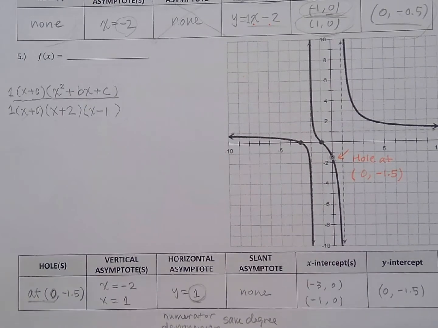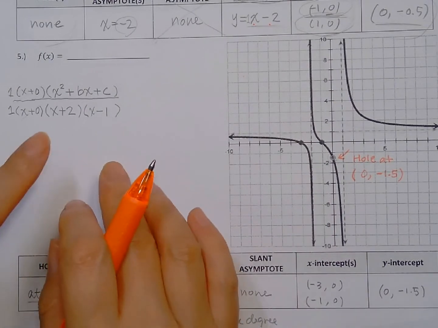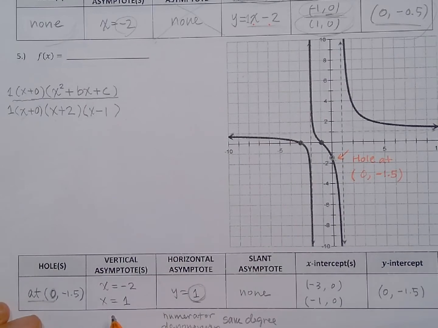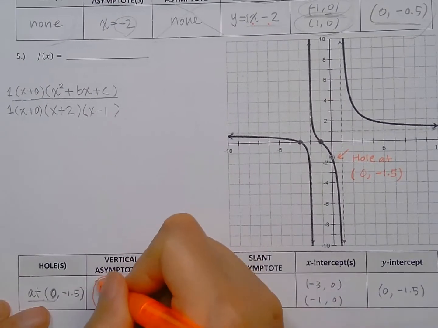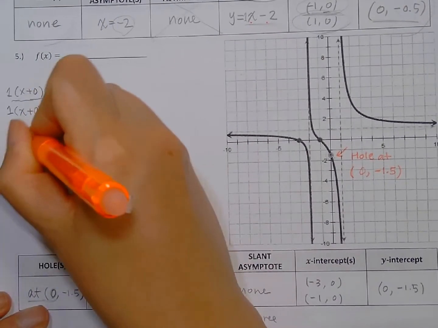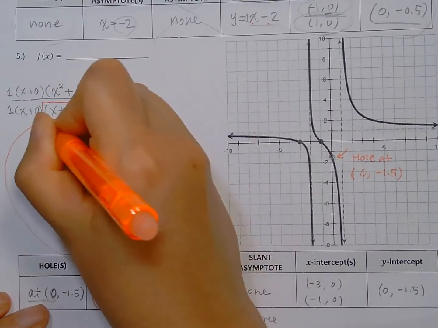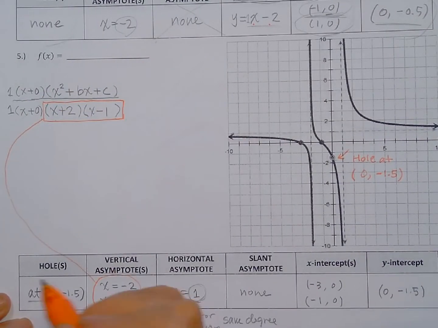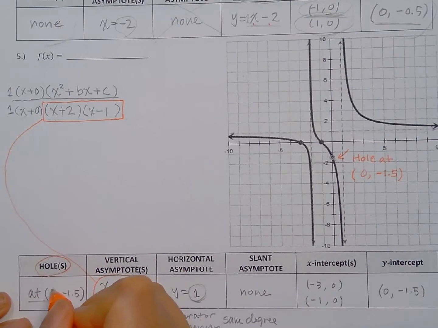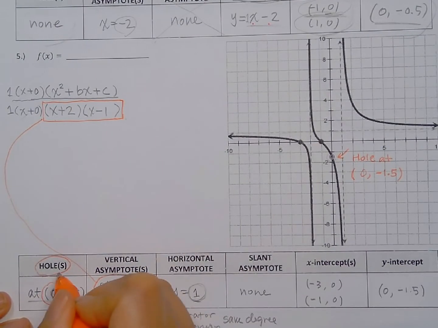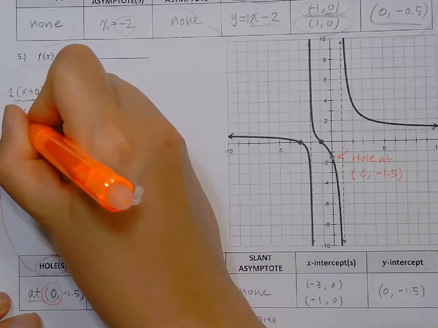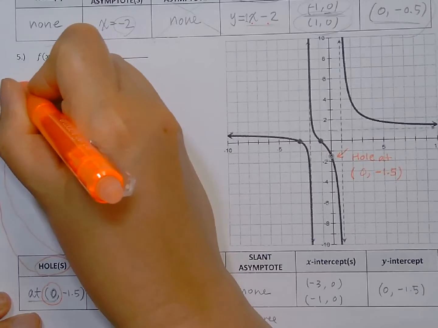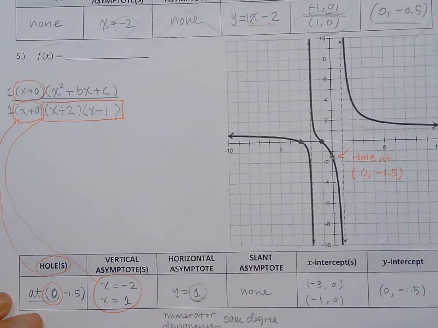But let's recap how we got each factor from the key features here. These 2 vertical asymptotes made these 2 factors down there. Then the x coordinate of the hole was making these 2 common factors top and bottom.